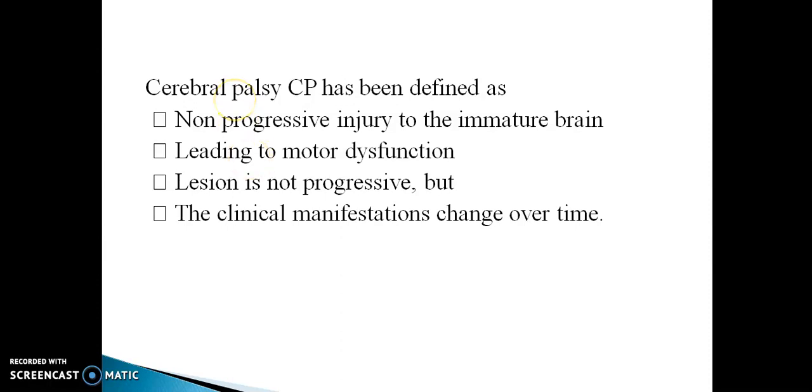We can define it as a non-progressive injury to the immature brain. Because we are talking about a lesion which is non-progressive, it leads to motor dysfunction which affects movement and posture, and the clinical manifestations change over time.